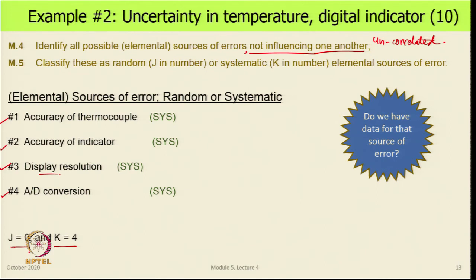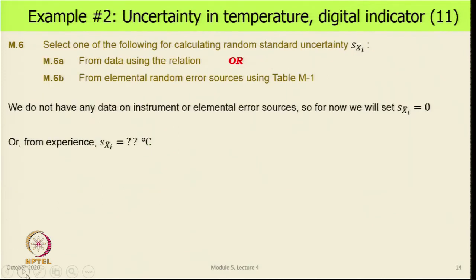So, j was the number of independent sources of random uncertainty, elemental random uncertainty, and this is the number of sources of elemental systematic uncertainty. Now, we see what all data we have. We could have had more things, but we may not have data, which is what this thing tells us. But we have got all the things that we want, and we can estimate our uncertainty from this.